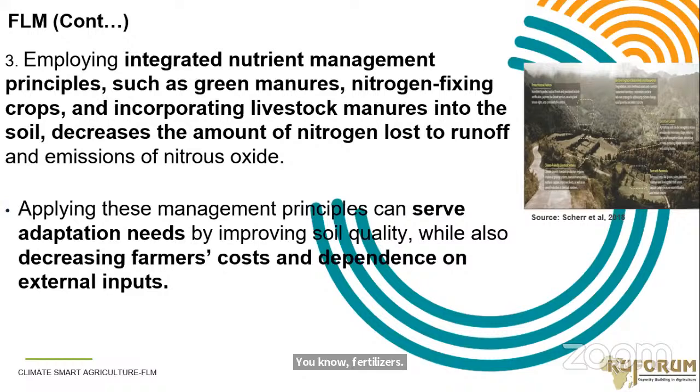So applying these management principles serves adaptation needs by improving quality of the soil, but also helps reduce farmers' cost and dependence on external inputs as well. So they serve more than mitigation and adaptation as it were.